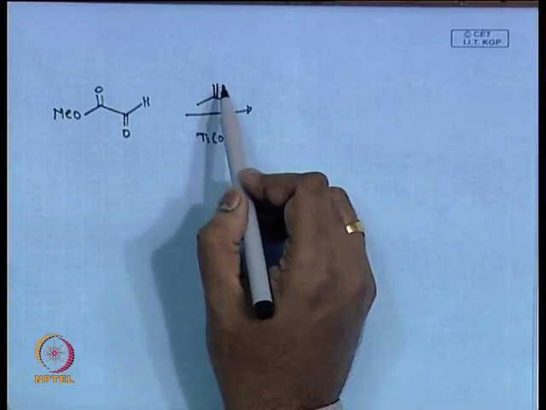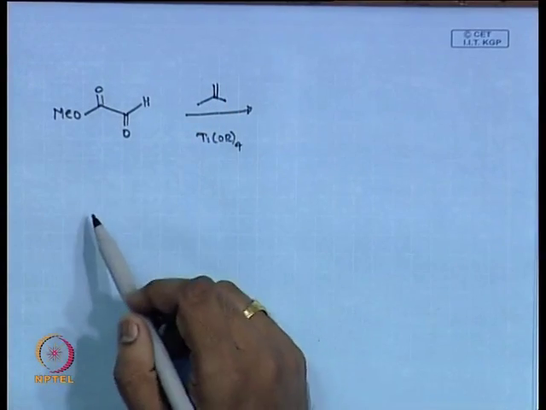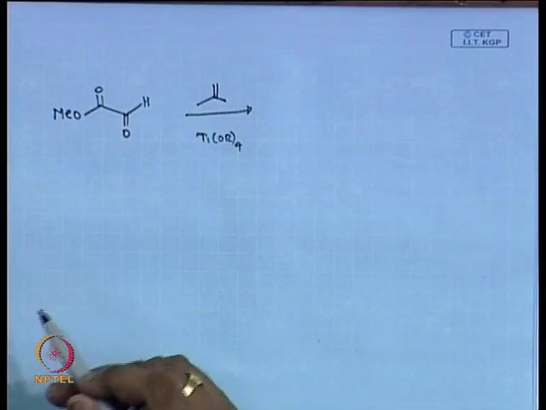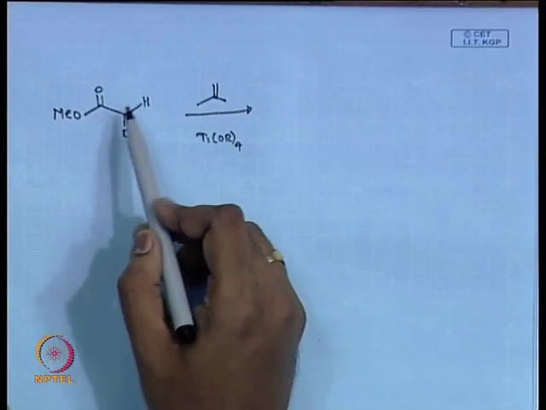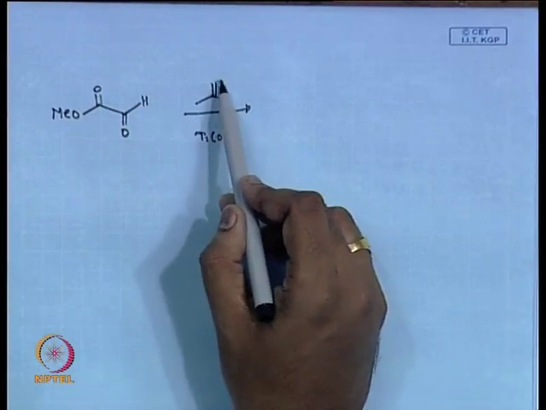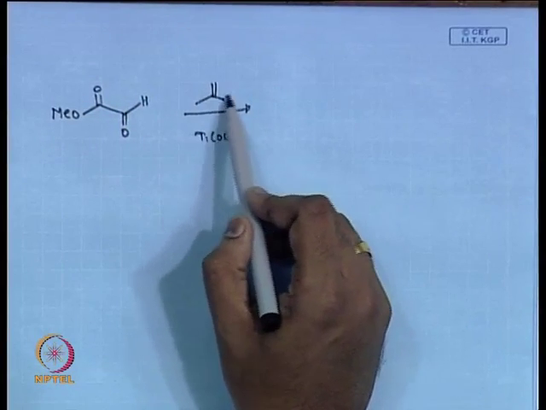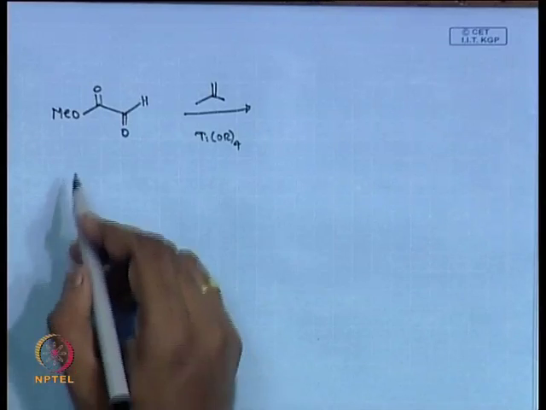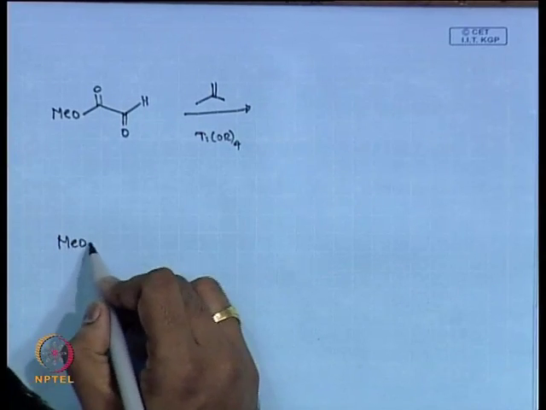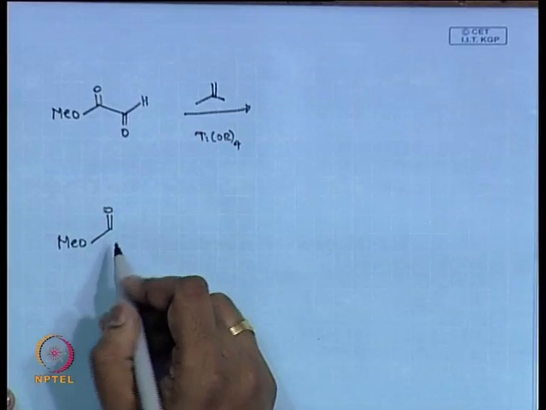So, which should be your dienophile and ene? That will be interesting when you talk about the ene reaction. So, this will be your dienophile, and this will be your ene.